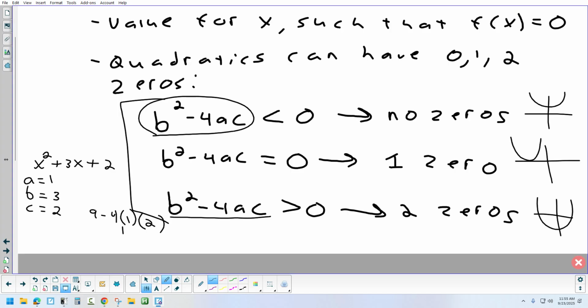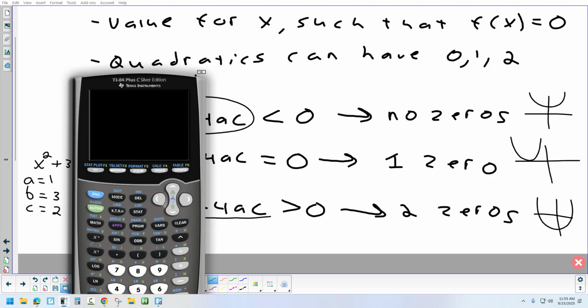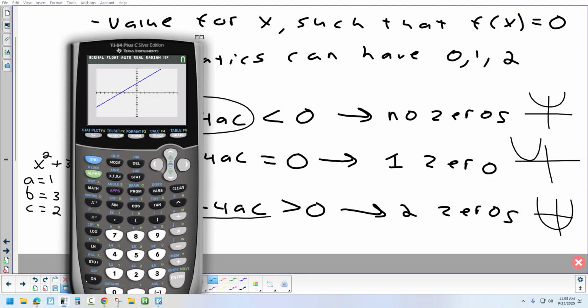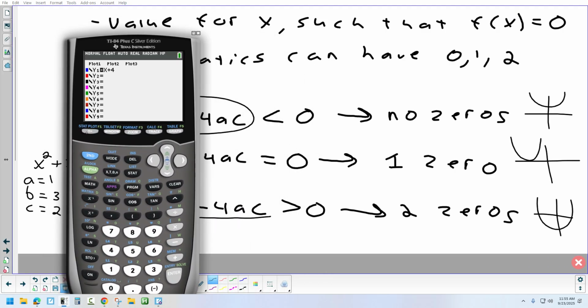That comes out to 1. Is that the top, middle, or bottom case? That's the bottom. b squared minus 4ac came out to a positive number. So if I graph x squared plus 3x plus 2, I guarantee it's going to cross twice. Where it crosses, I don't know. I didn't do the whole quadratic formula. But I can see that it does cross twice. It might be a little hard for you to see, but I can tell from up here, it definitely crosses twice.